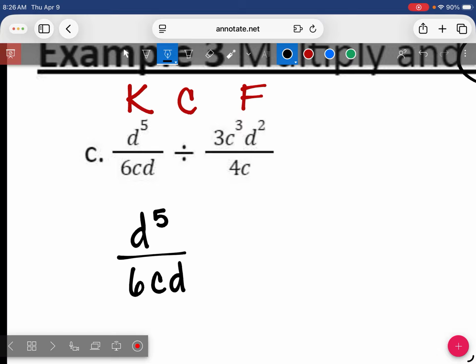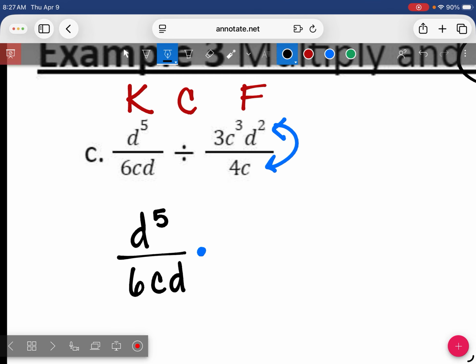And then we change division to multiplication. That's the change. But then the second fraction, we have to flip it.